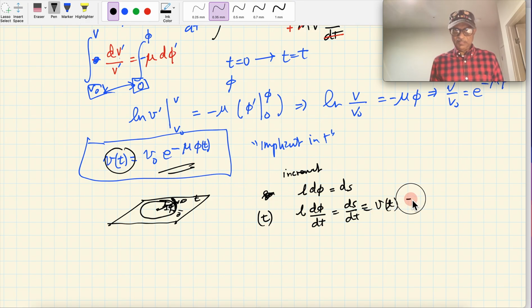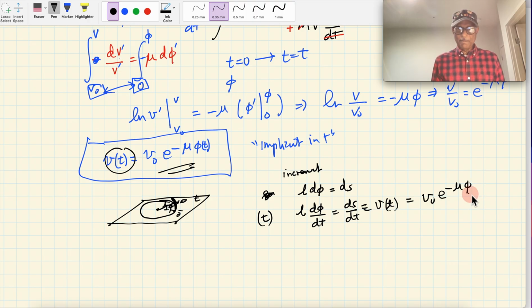So we can write that in terms of phi as v0 e to the minus mu phi. So this phi is the same as that phi. So we're looking at the phi and a little instant dt, around t to t plus dt, and we examine that, and it looks like this.